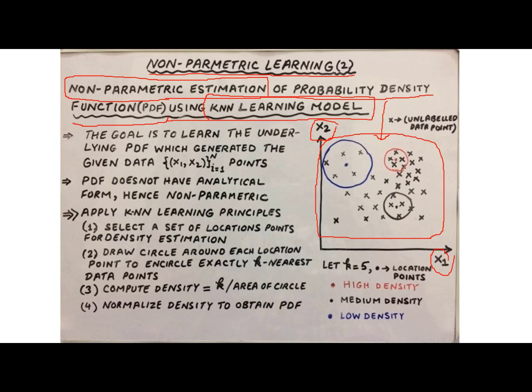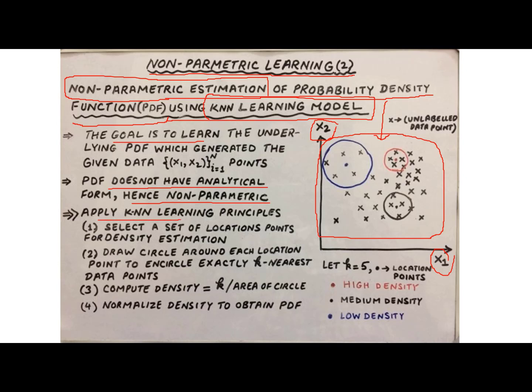And like we said earlier, to achieve this goal we don't wish to specify parameters, meaning that the underlying or hidden probability density function does not have any analytical form. Therefore, it is non-parametric in nature, quite unlike the beta distribution, for example.